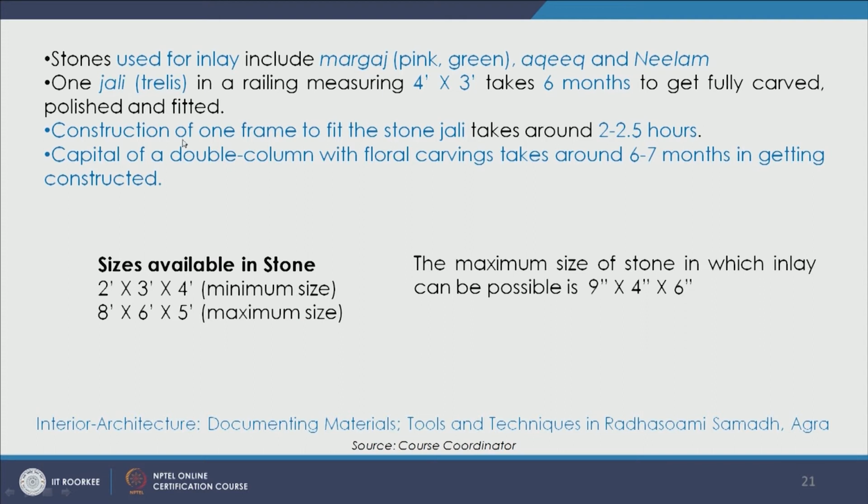And again, for other elements like a frame, how much time goes into the making of this one frame in which this jali fits. Also details like the capital of a double column, which has very exquisite floral carvings, you saw the pictures in the last slide. How many months does it take to make just this capital of a single double column?